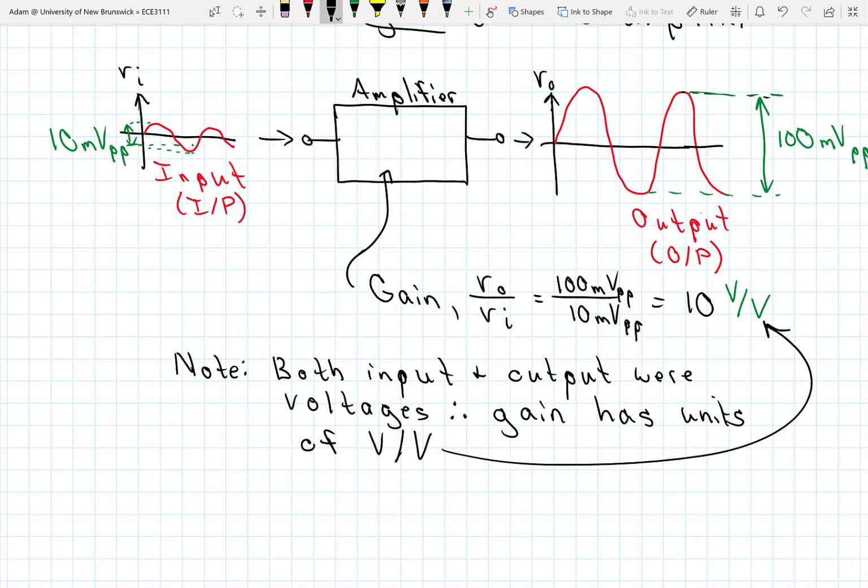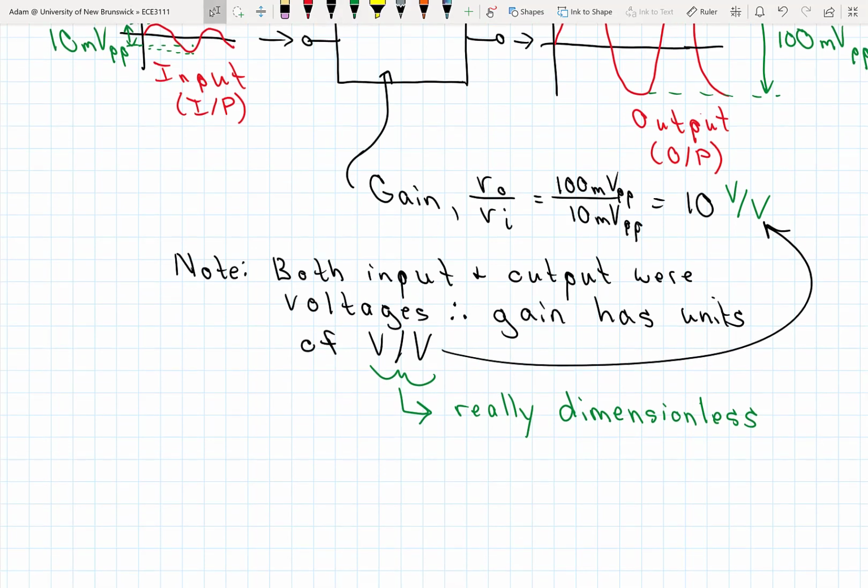And really, volts per volt is really dimensionless. But we often still list the dimensions as volts per volt, just to make it obvious that we're talking about the gain on a voltage signal, right? Where the input's a voltage and the output's a voltage. It just adds clarity.